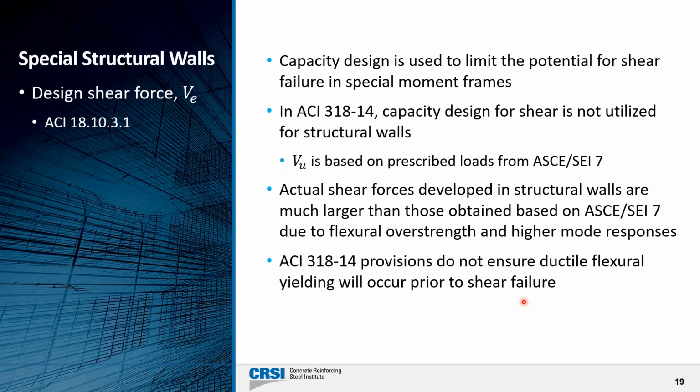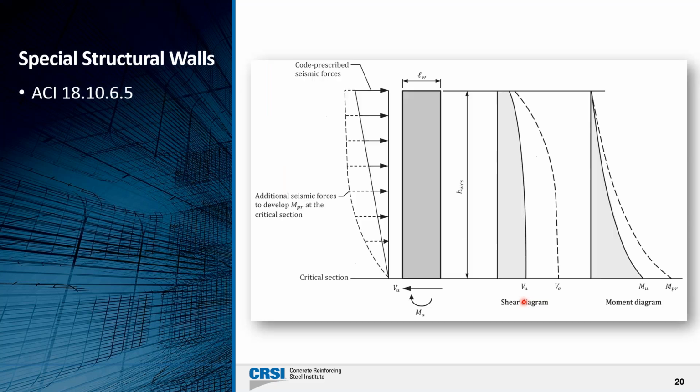So to account for that, we had to come up with some new requirements here that will ensure that this ductile flexural yielding occurs prior to shear failure. Now, this method's been around for a number of years, and it's in the Structural Engineers Association of California Blue Book. And it was first introduced into the 2019 edition of ACI 318.